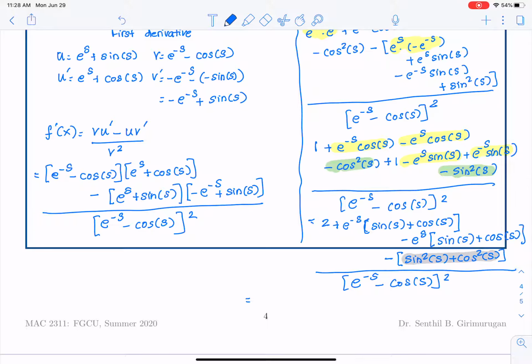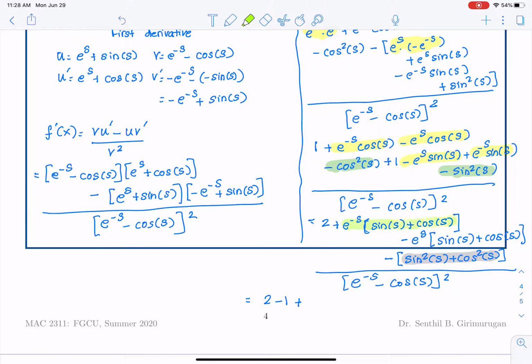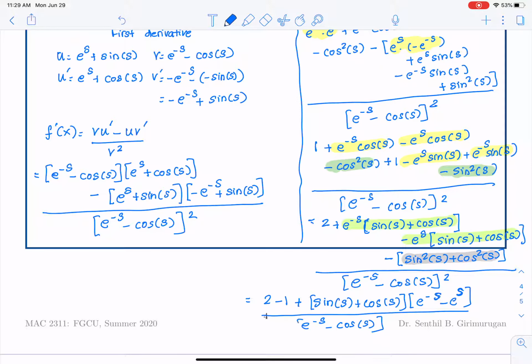So we have 2 minus 1 plus sine s plus cosine s is common between those two terms. So if I pull that out, I have sine s plus cosine s multiplied by e raised negative s minus e raised positive s, divided by e raised negative s minus cosine s squared.